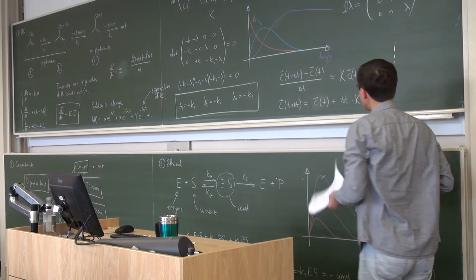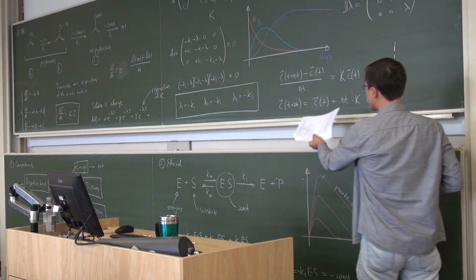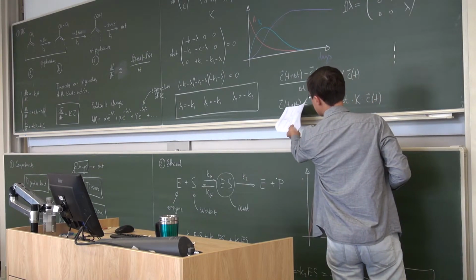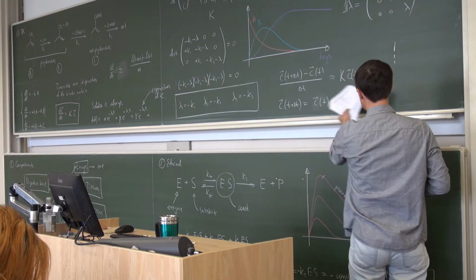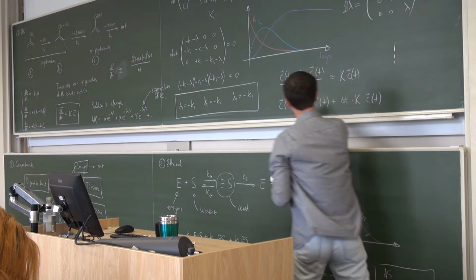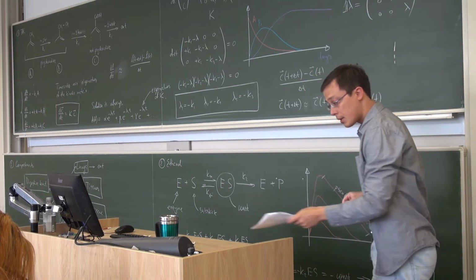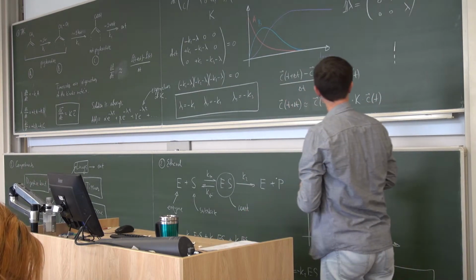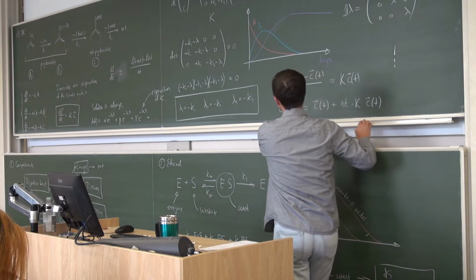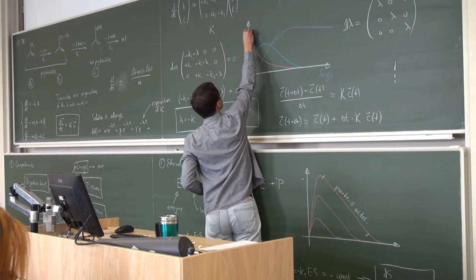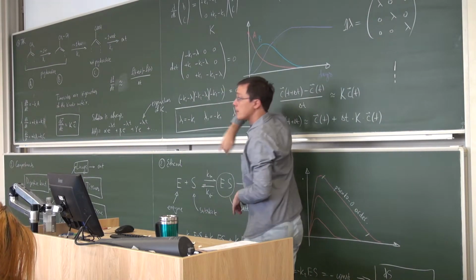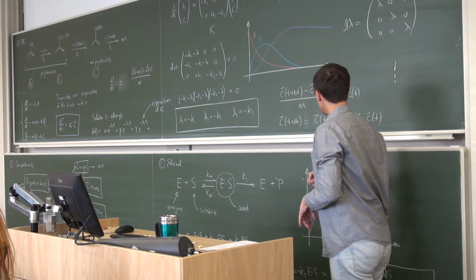Notice what we have here. The concentrations at the next time point, t plus delta t, are related by a simple algebraic equation to the concentrations at the previous time point. And so the computer simply needs to choose a small enough delta t. It knows what the concentration was at this point because that's the starting condition.